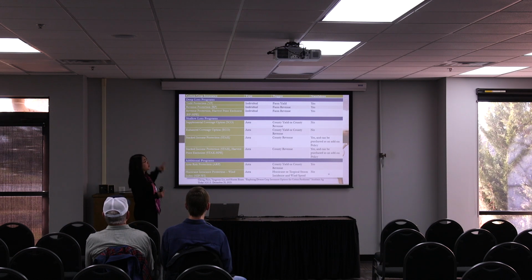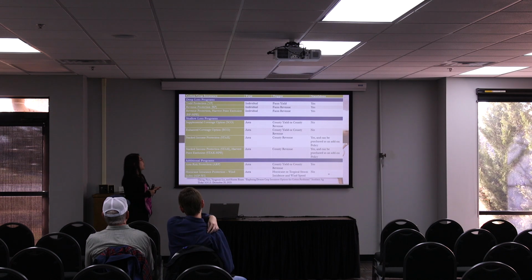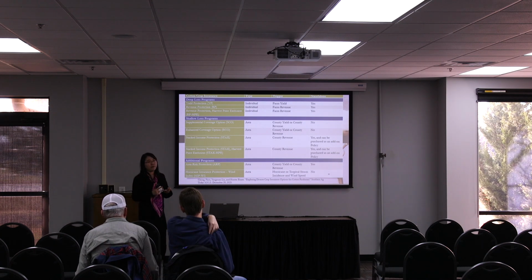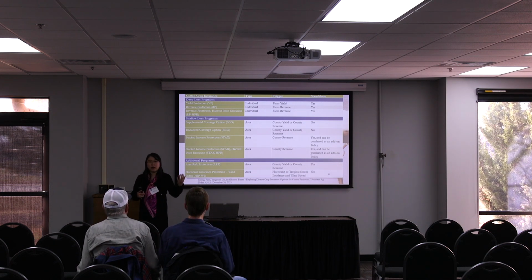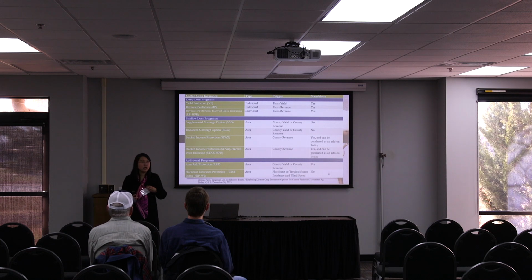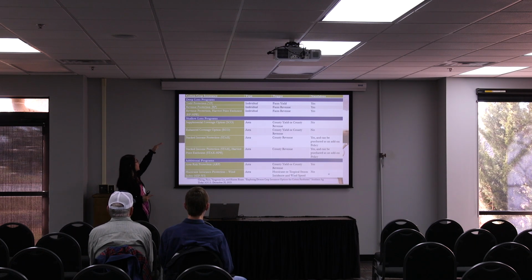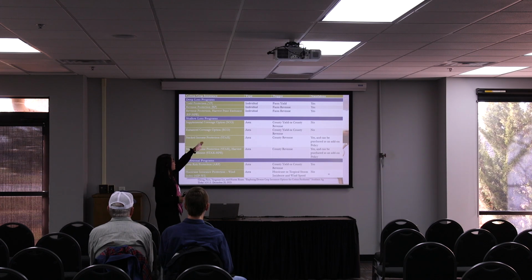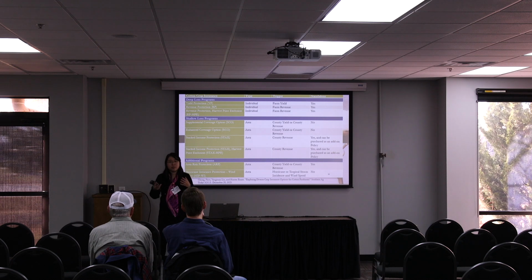Those include yield protection, revenue protection, and revenue protection with harvest price exclusion. Those are all individual programs based on each farm's historical yield and historical revenue to calculate the individual farm's program. The trigger is either the farm's yield or the farm's revenue, and they can be purchased as a standalone product.